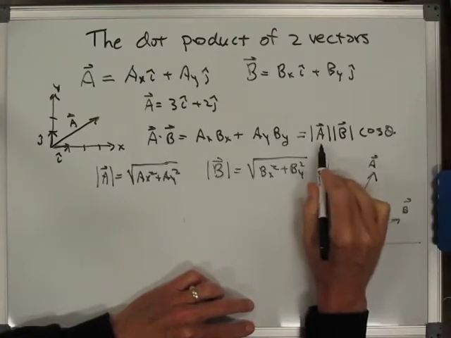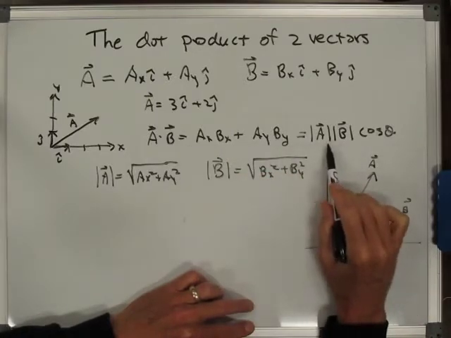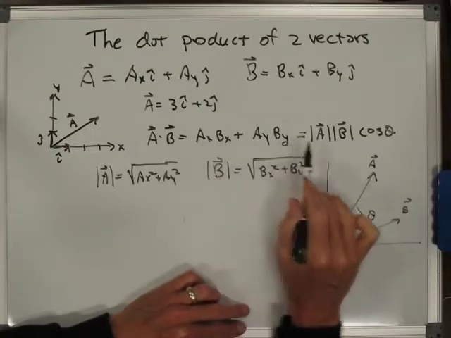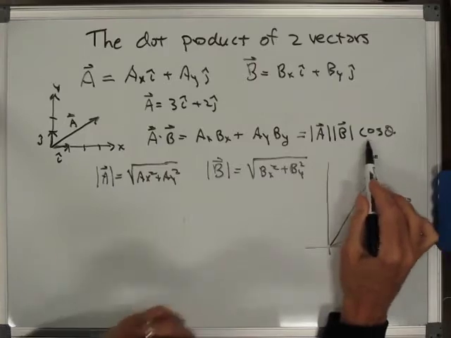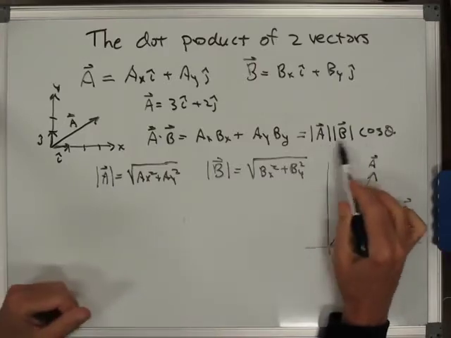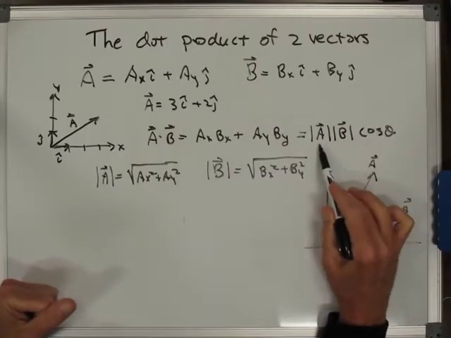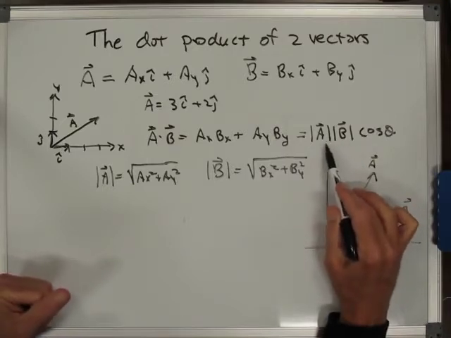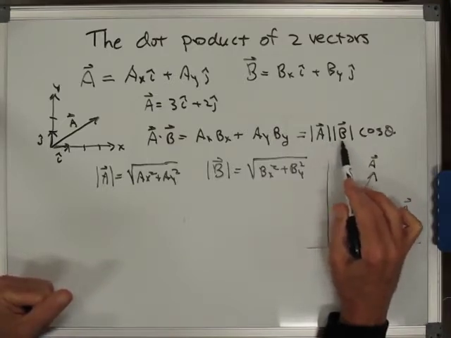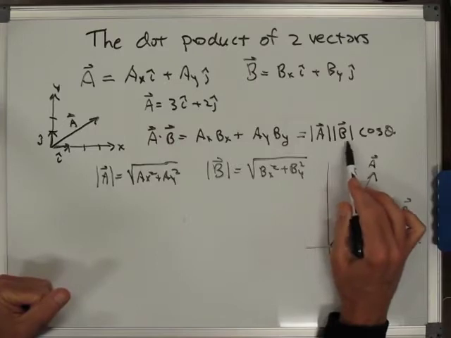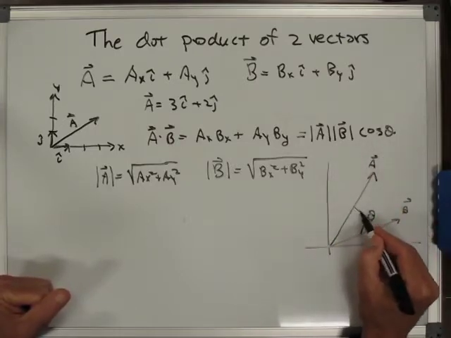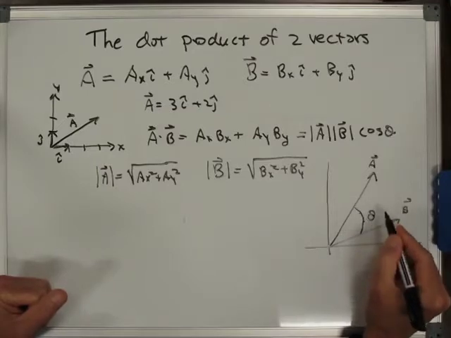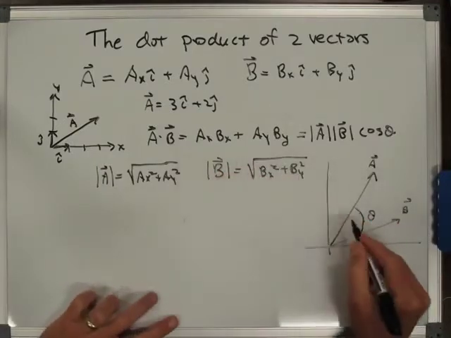This dot product, we're saying it's defined this way, but we're saying it's also equal to the magnitude of A times the magnitude of B times the cosine of the angle between them. This quantity comes up a lot in physics and engineering and other fields, where you want the product of the magnitudes of two vectors times the cosine of the angle between them. And we're going to show it's just the dot product. It can just be evaluated this way.